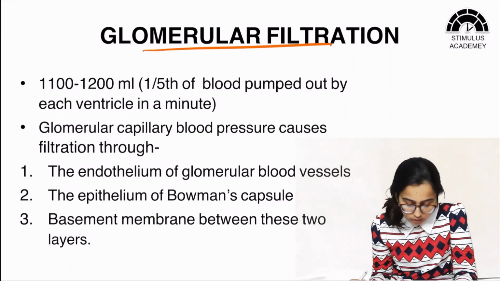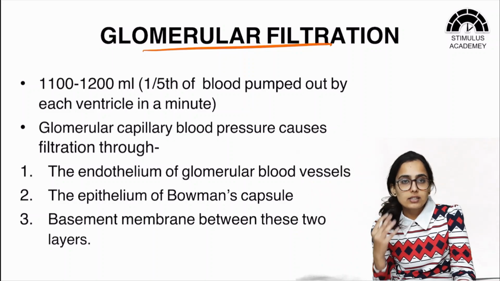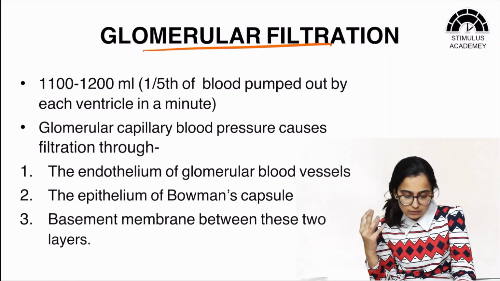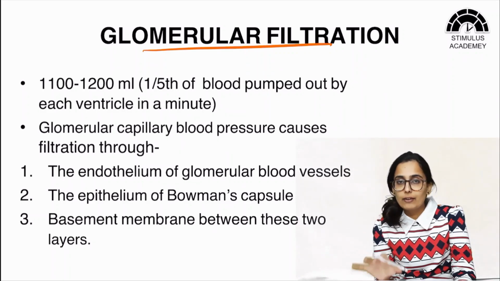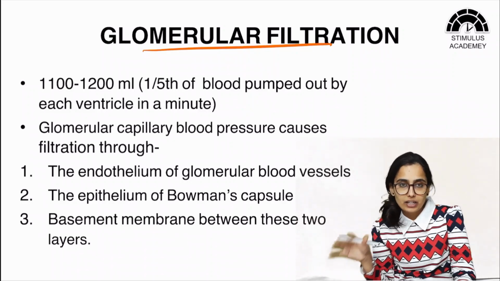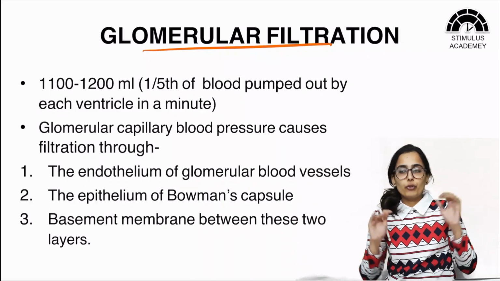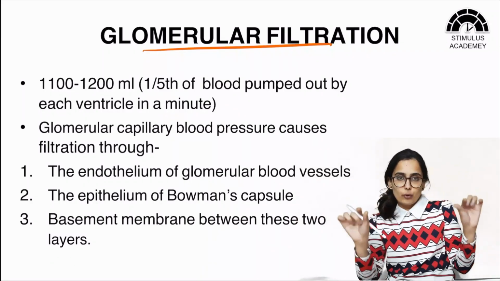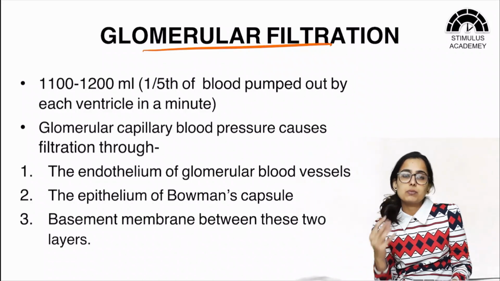Okay, so the first question is what is the amount of blood that is filtered. In total 1100 to 1200 ml of blood, which constitutes 1/5 of the total blood that is pumped by each ventricle in a minute, is filtered. Now for anything to be filtered, like blood flowing in the afferent arteriole that has to be filtered by the glomerulus, of course there must be a driving force.